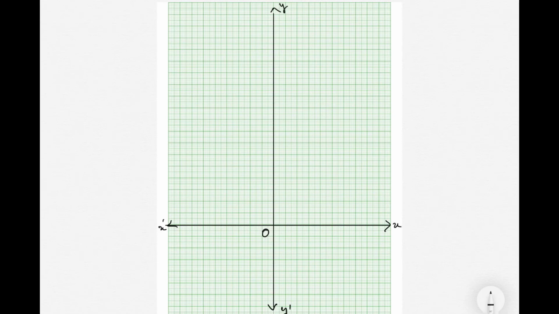Now, as I see my coordinates, let me write down the scale. So the scale I can take as 1 centimeter is equal to 2 units, for both axes.